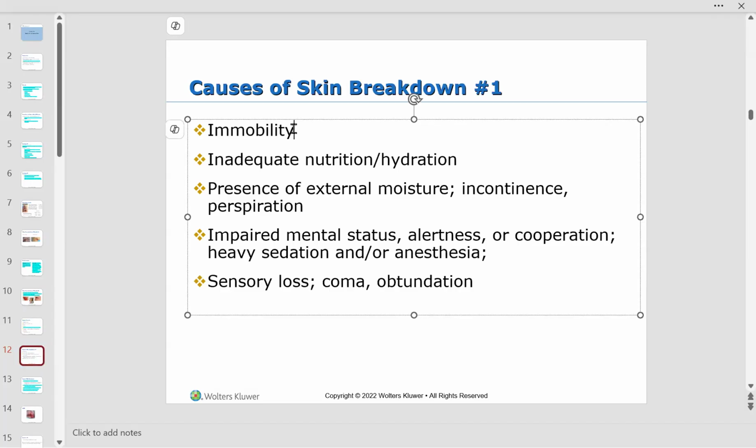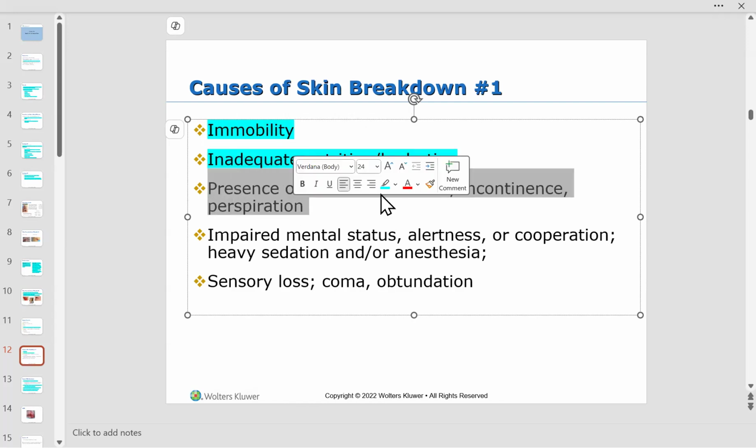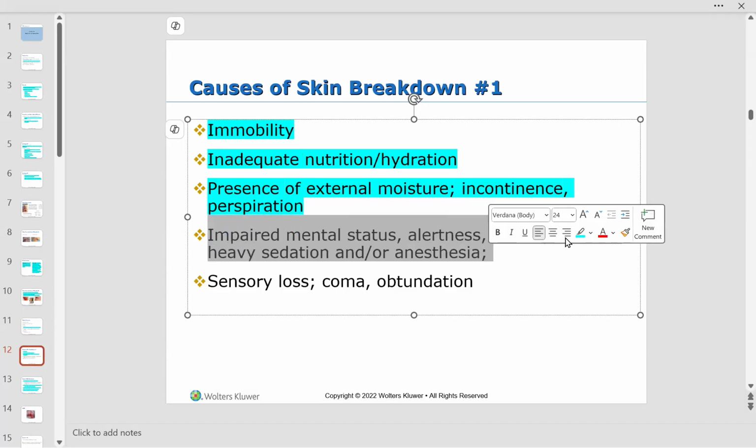Why does skin break down? Well, immobility is the number one reason for skin breakdown. Inadequate nutrition, hydration. Make sure you know these reasons for breakdown. External moisture like incontinence or perspiration. Impaired mental status, in that they cannot sense that they're wet and therefore they will lie in the wetness, right? Or heavy sedation or anesthesia, okay?